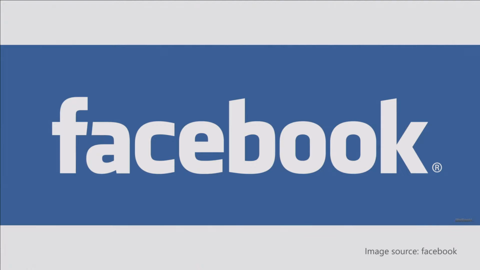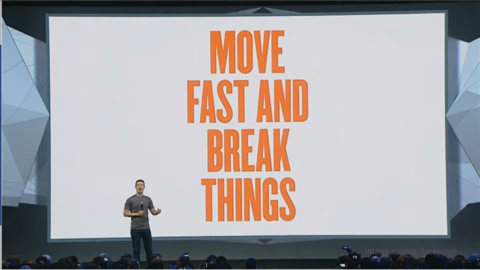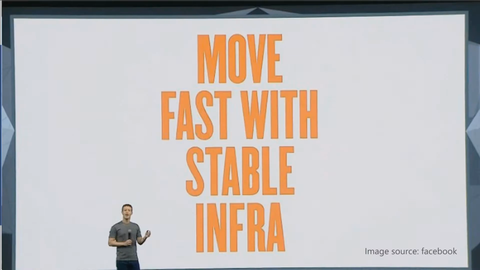They promote this culture in their company, and their CEO, Mark Zuckerberg, has this famous quote: we want to move fast, and we don't mind if we break things on our way. Business agility is really important to their business model. But in 2014, just two years ago, at their developer conference, they changed this model. Changed to what? Move fast with stable infrastructure.